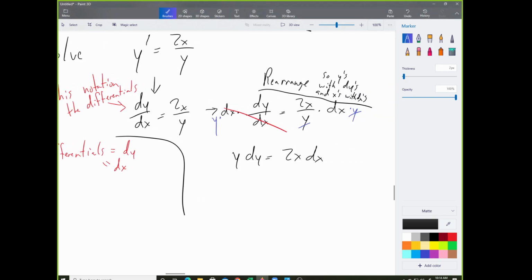So you want to rearrange it so your y stuff is on one side and your x stuff is on the other side. And once you have that, you're going to then integrate. It's a legal move so long as you do it on both sides.